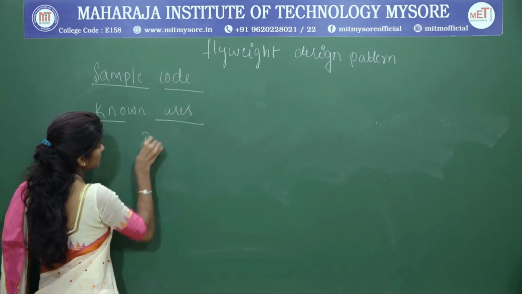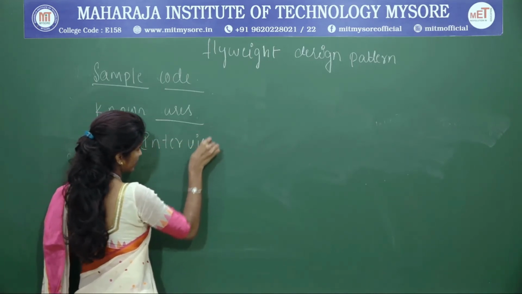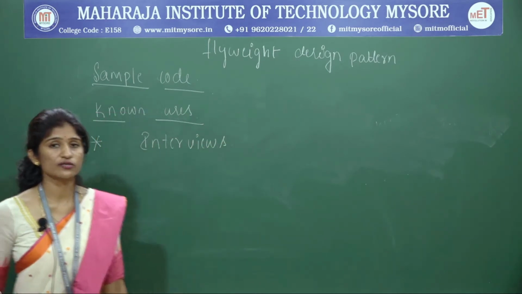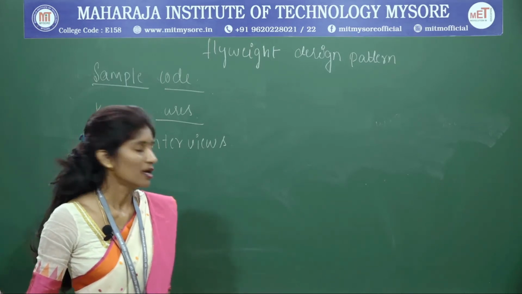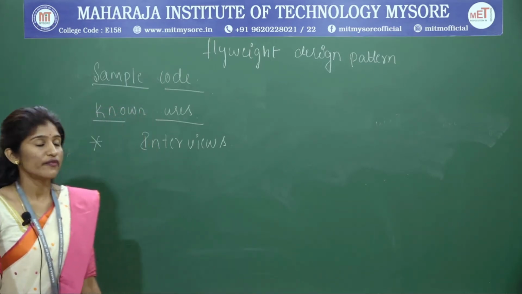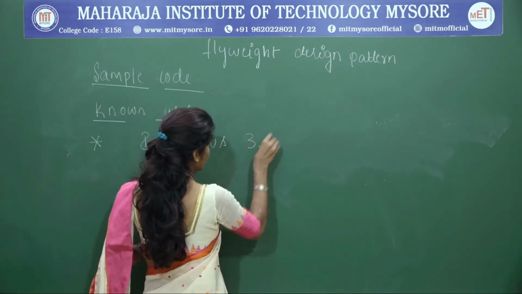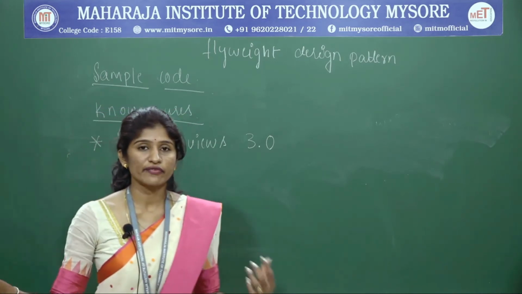Basically, this flyweight was used in InterViews. InterViews is not a physical thing you are going to face; it is an object-oriented environment, where InterViews initially used flyweight objects for the graphical editor.